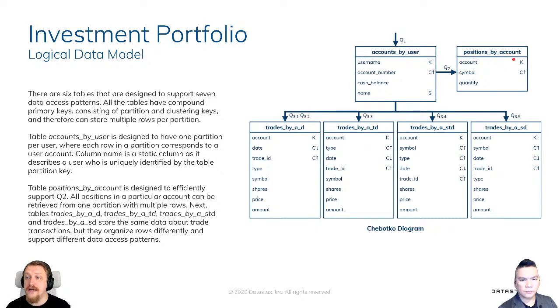Positions by account consists of account, which account it belongs to, and it will be a partition key. We have symbol, which will be a clustering column. Symbol in this case is the ID of a position, so if it's an Apple share or an S&P 500 exchange traded fund, that's just an ID of the position we have, and quantity, so how many of them we have.